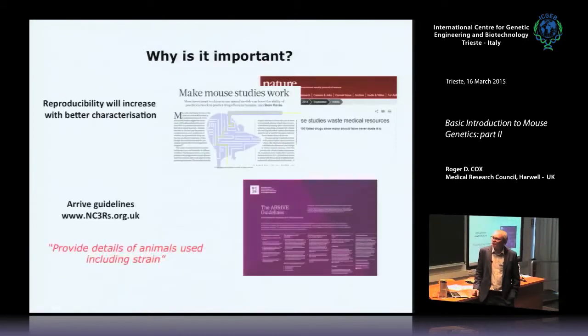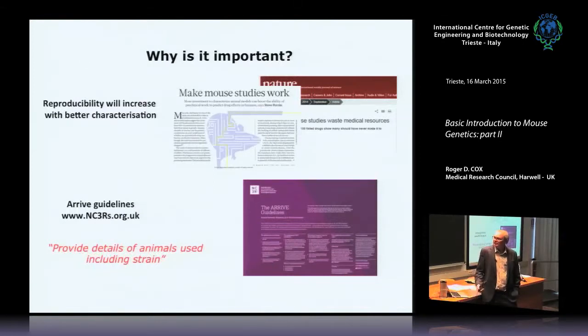So why is this stuff important? Well, there are reproducibility issues across science really, but also in mouse work as well. And there have been a number of papers like Make Mouse Studies Work. You need to do experiments that are going to generate robust conclusions and that are going to be reproducible. So you need to think about all of these things that we've been talking about: background, cohort size, sex, environment.